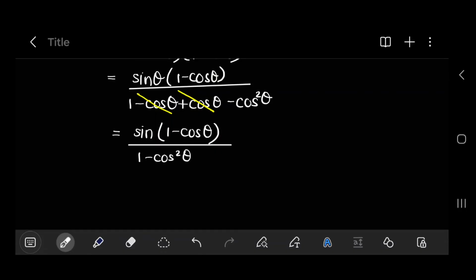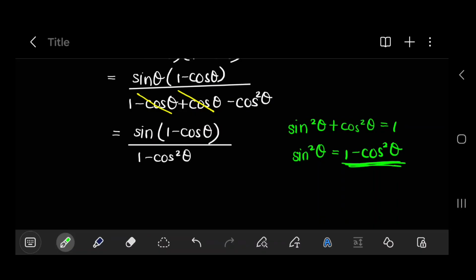Now remember your identity. Your identity is sine squared theta plus cos squared theta is equal to 1. However, if you manipulate this by taking the cos squared theta over to the right, it becomes negative cos squared theta.